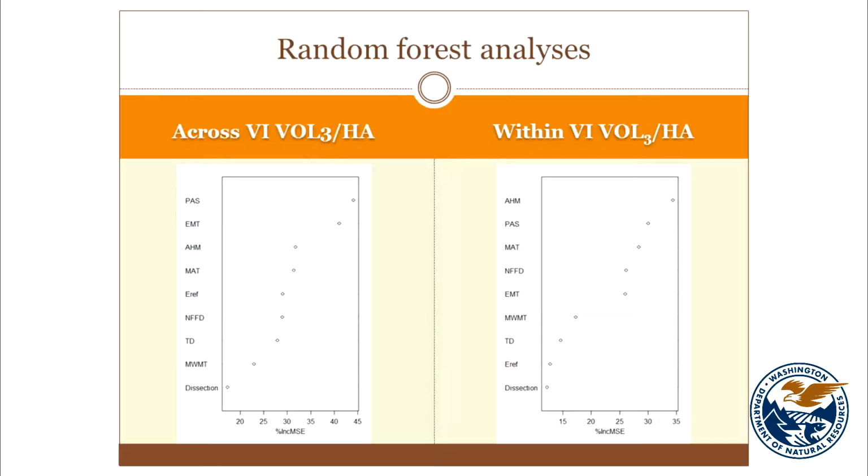So it's the top 2 over here, and it's the top 1 and 3 over here. And again, this is predictions for a response trait that was not used to develop the model. So these are what's coming up as important when we're predicting growth of a site using just site characteristics, not using any prior knowledge of how well trees have grown there in the past.